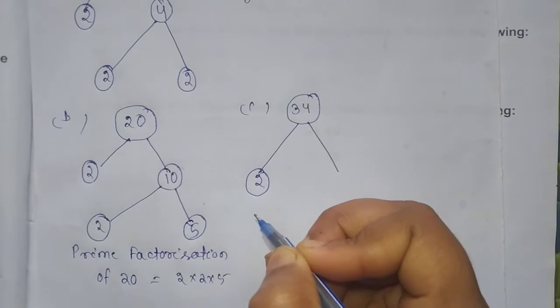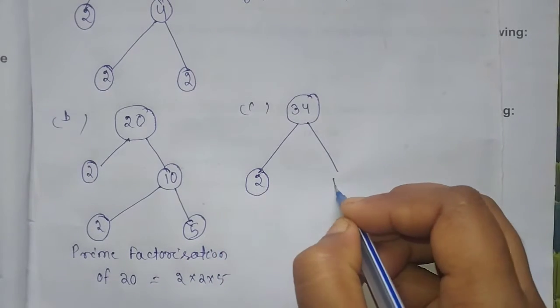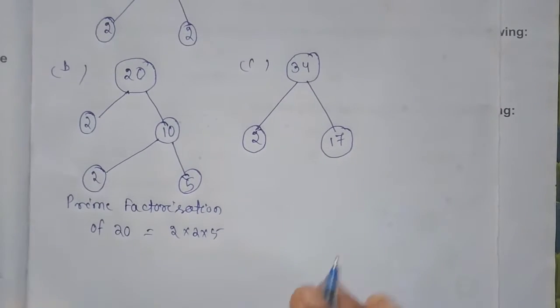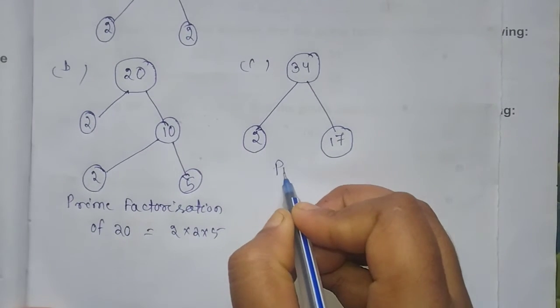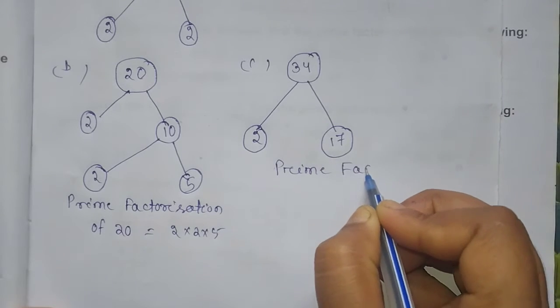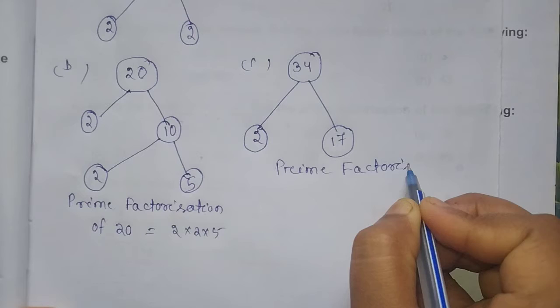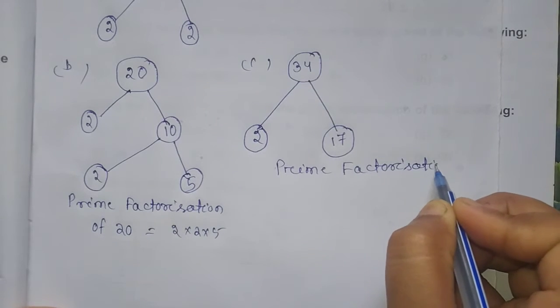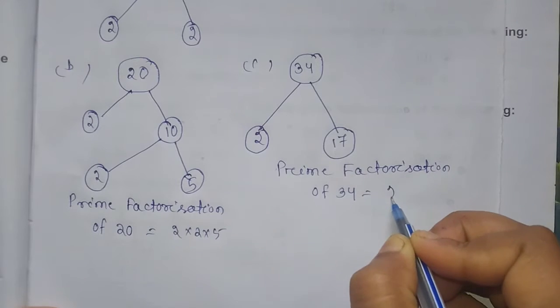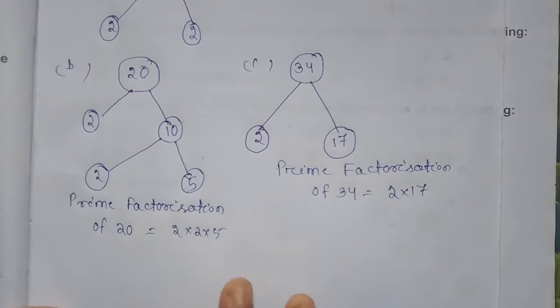So 2 is a prime number and 17 is also a prime number. So prime factorization of 34 equals 2 into 17.